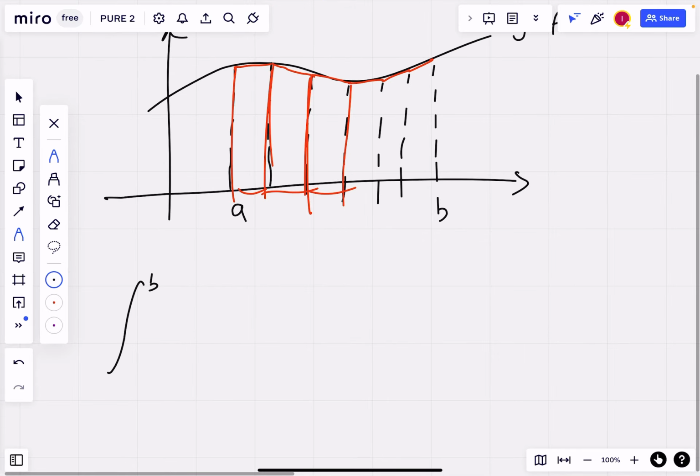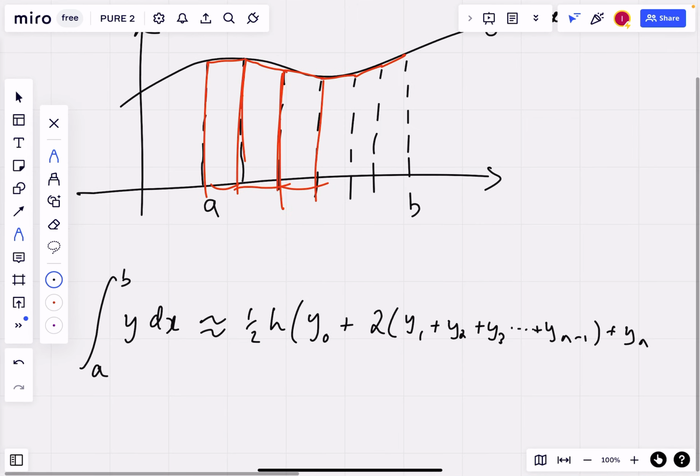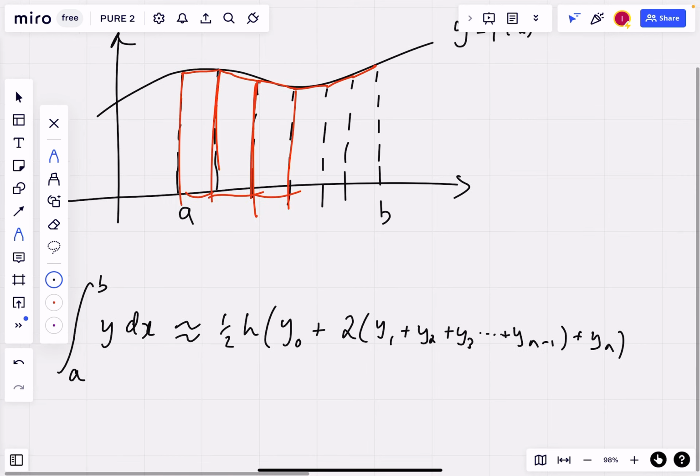If you have a function between a and b with respect to x, this is going to be approximately, and that's what those two squiggle lines are, a half of h, open bracket, y0 plus 2 times y1 plus y2 plus y3 all the way to yn minus 1, and then plus yn, close bracket. Okay, what's all this y stuff?